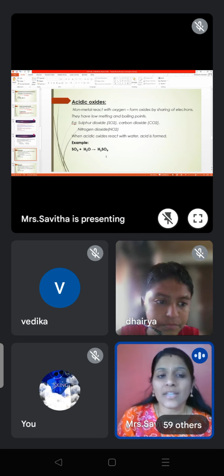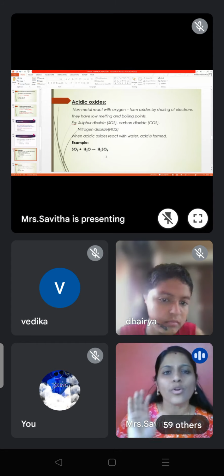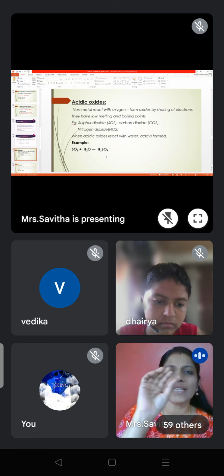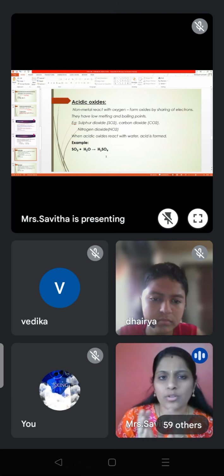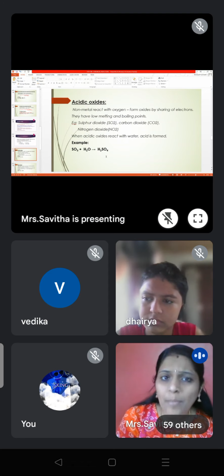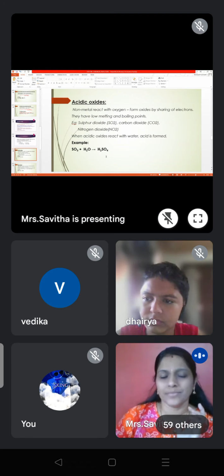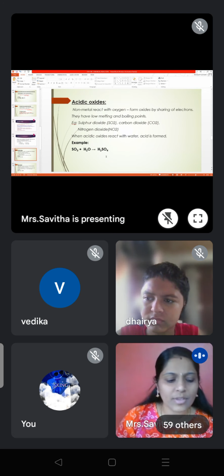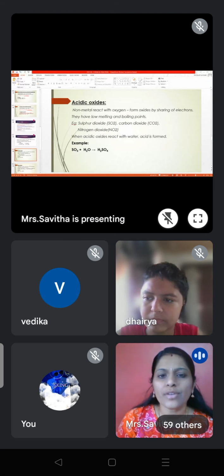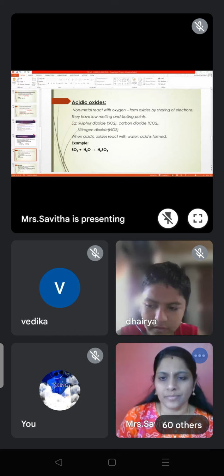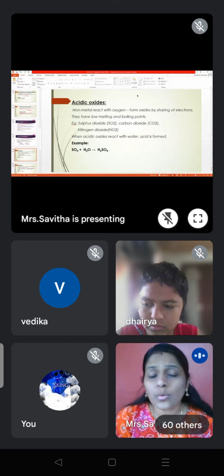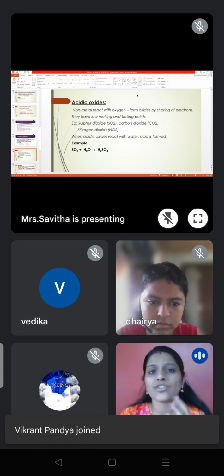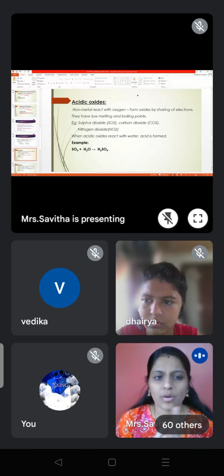Let us see what is acidic oxide. First thing you remember is that the word acidic oxide means we are learning about an oxide of some compound that is going to give us acid. So which element has to get attached with oxygen to give acidic oxide?